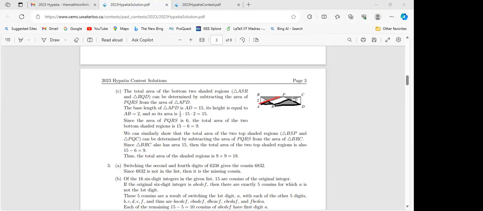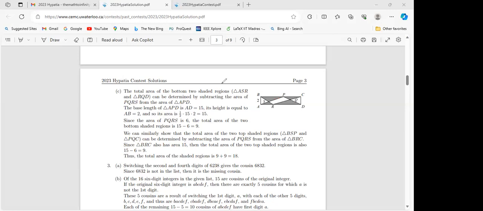So this is APD. So you're going to subtract that PQRS, the white portion, from the APD triangle. Do you understand? Yeah.